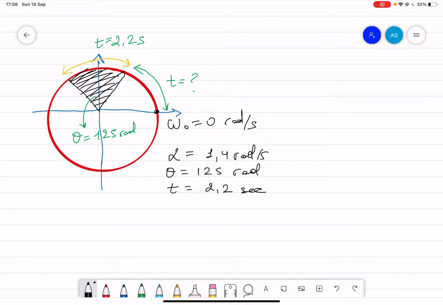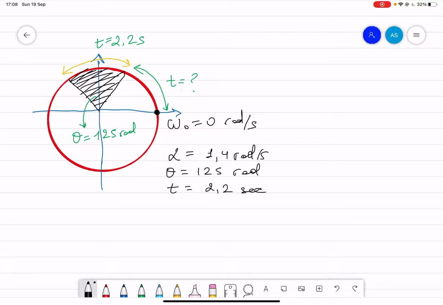Of course, it started from, say, here, where the angular velocity was 0 radians per second. Now we have to find that time. So how can we find it?